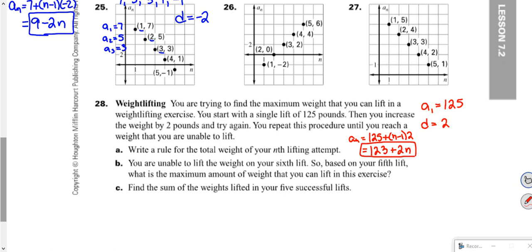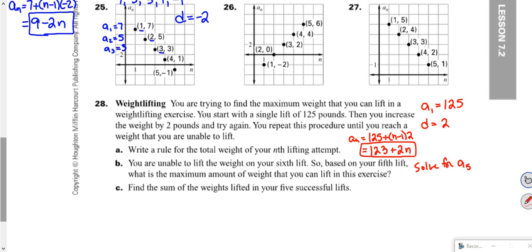Okay, now, part B, you are unable to lift the weight on your 6th lift. So based on your 5th lift, what is the maximum amount of weight you can lift in this exercise? So while we're solving for, and I'm just going to leave this here, you're actually solving for a sub 5. So just use the formula we found in part A.